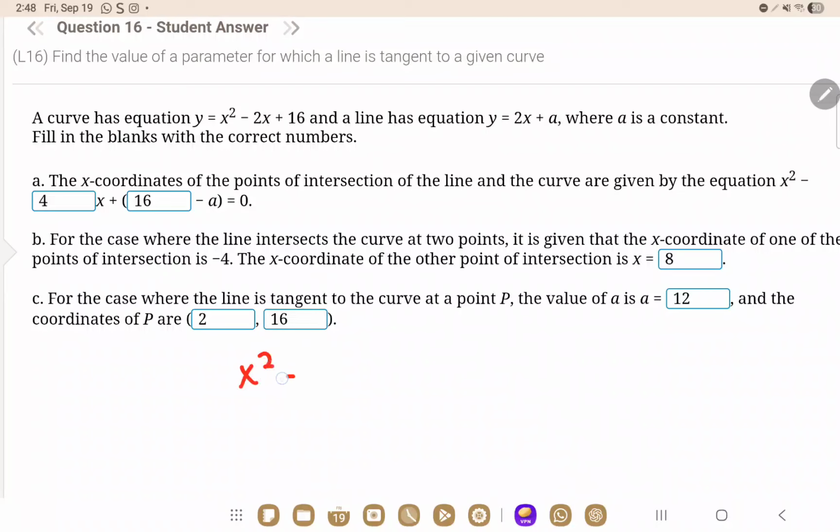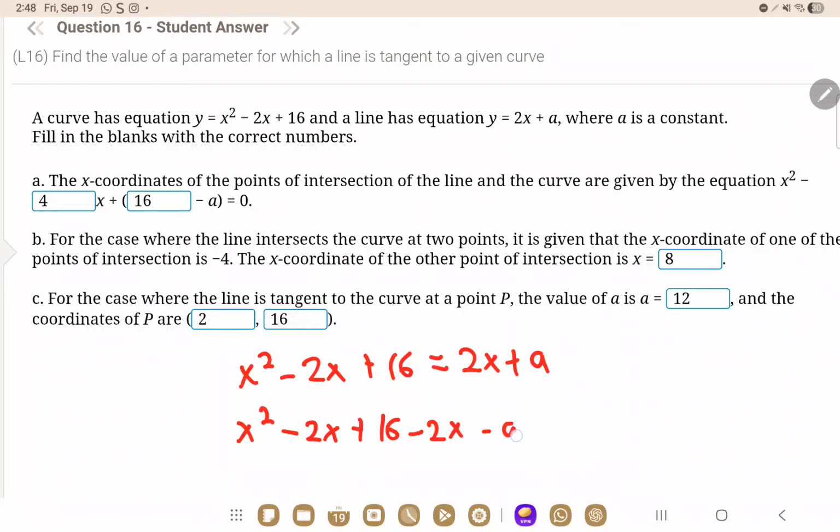So it's x squared minus 2x plus 16 equals 2x plus a. Move them over: x squared minus 2x plus 16 minus 2x minus a. Like terms together, so x squared minus 4x plus 16 minus a, all equal to 0.